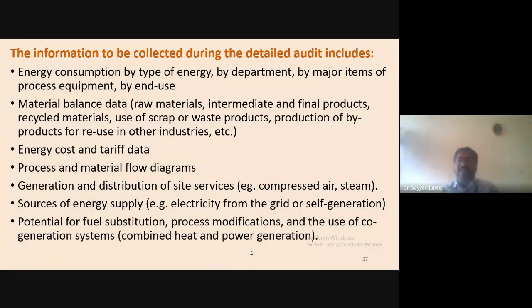Generation and distribution of site services means, for example, ventilation: we use ventilation fans of different kinds, or a ventilation process, which is also essential. Source of energy supply: electricity from the grid or self-generation, for example by a generator or other means. Potential for fuel substitution, process modification, and use of a cogeneration system means obtaining heat and power generation.